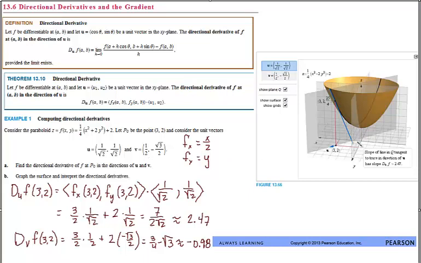That would be at the point 1/2 and then negative square root of 3 somewhere over in this neighborhood. That means that the function itself, this function z, is decreasing at this point in this direction. So it's decreasing in a value of negative 0.98 in that direction.